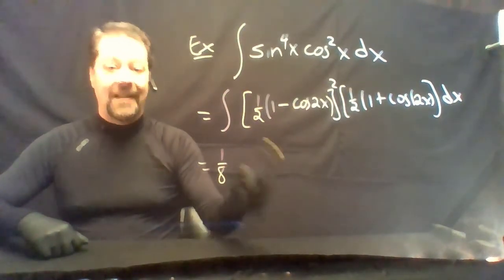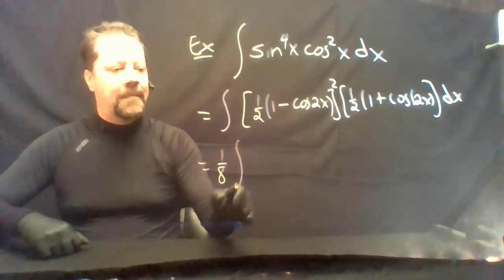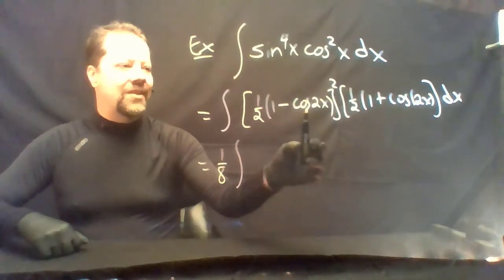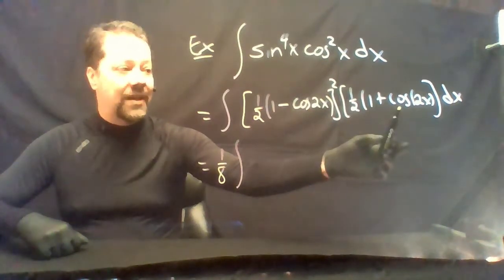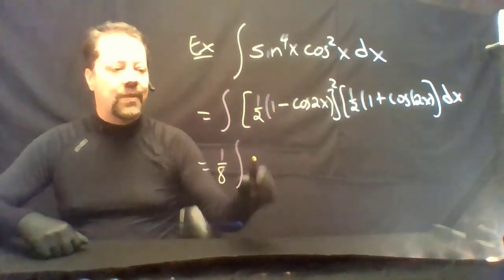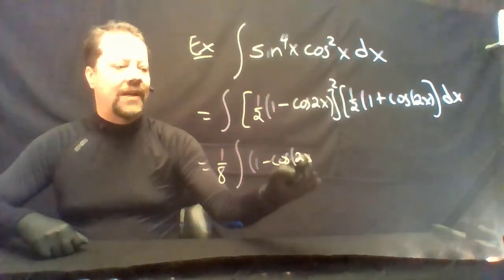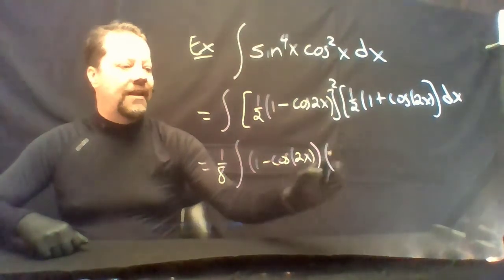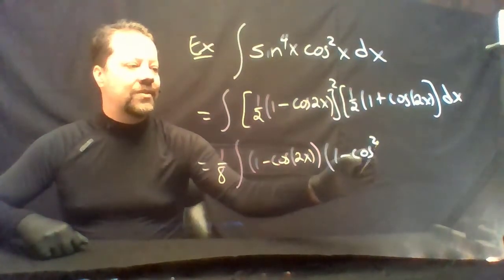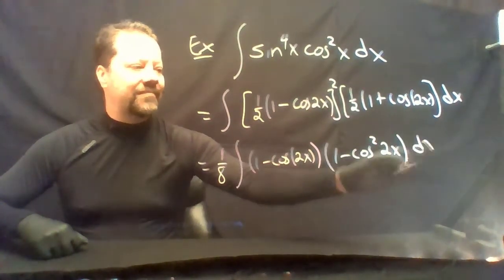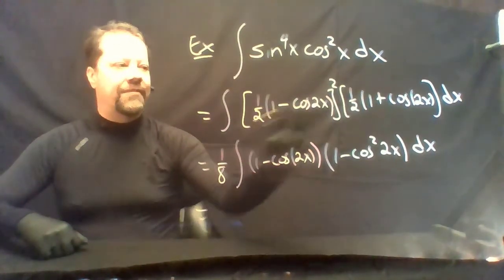We'll bring a 1/8 out of the entire integral. If I take a 1 minus cosine 2x and multiply by a 1 plus cosine 2x, that gives me a difference of squares. I'll have one more factor of 1 minus cosine 2x left over, but I'll have 1 minus cosine squared 2x from the difference of squares product.